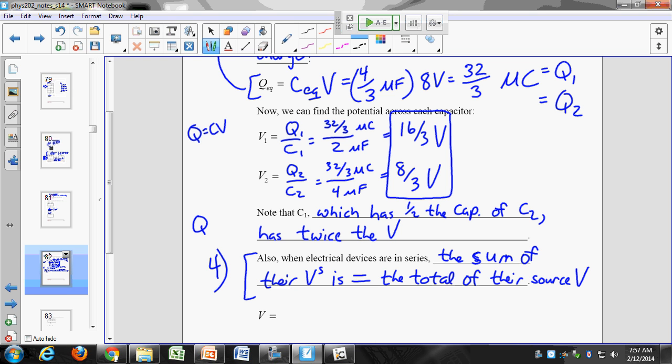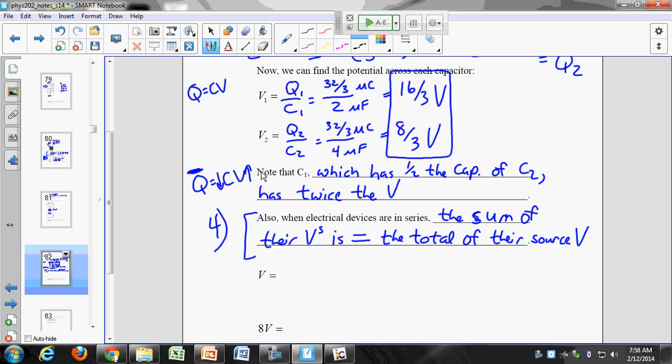This comes about from Q is equal to CV. I have this inverse relationship between C and V. So if C goes down, as it does for C1 in comparison to C2, then V goes up. This is because capacitors in series have the same charge, so Q remains constant. That's a handy little rule that might help you when you're dealing with more complicated circuits: the smaller capacitor has the larger voltage for caps in series.